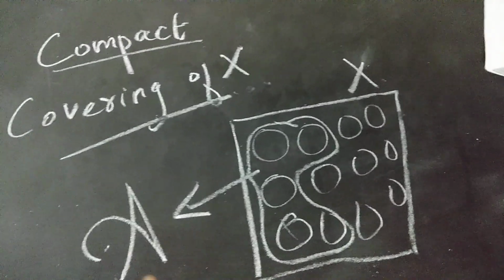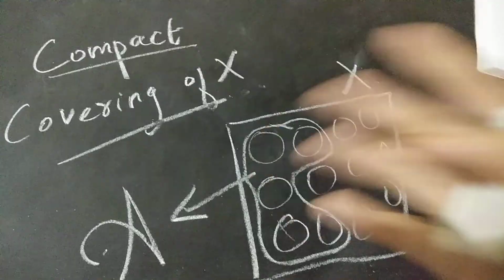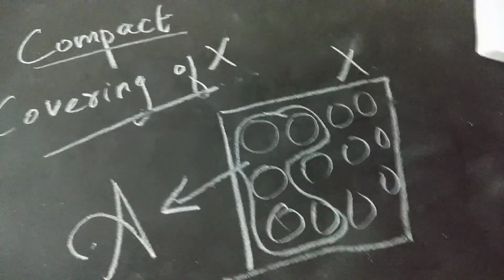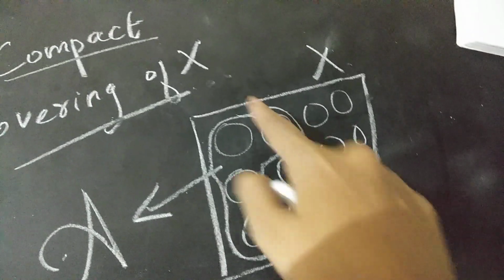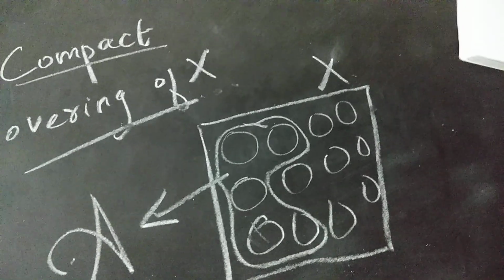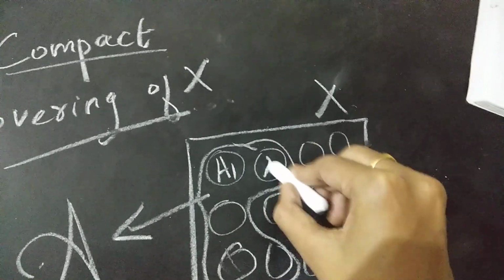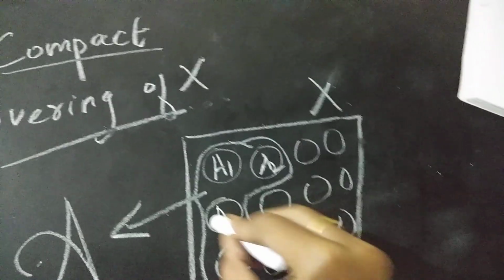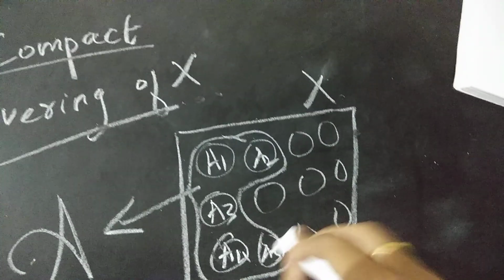Then only you can say this script A is a covering of capital X. What is that condition? Imagine in this collection you have some subsets, and I am giving a name to each subset. This is A1, this is A2, this is A3, this is A4 and this is A5.